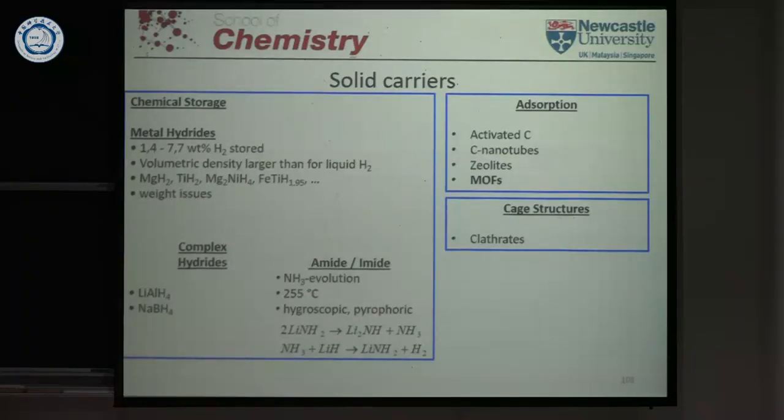And today, you can clearly say that by far the best method for storing hydrogen is pressurized hydrogen, working at about 500, 600 bar. Above 600 bar, it becomes not efficient because the gas doesn't behave like an ideal gas anymore.